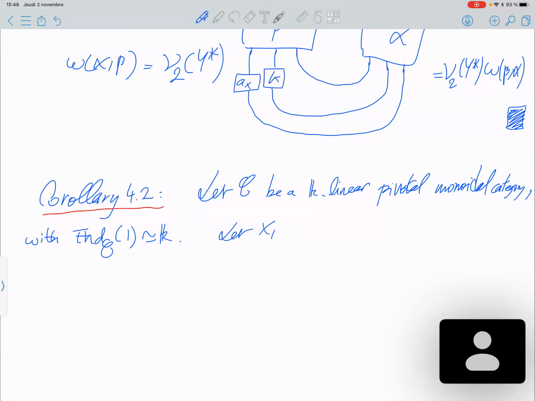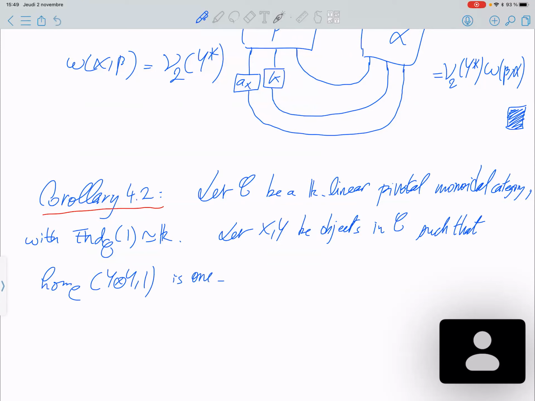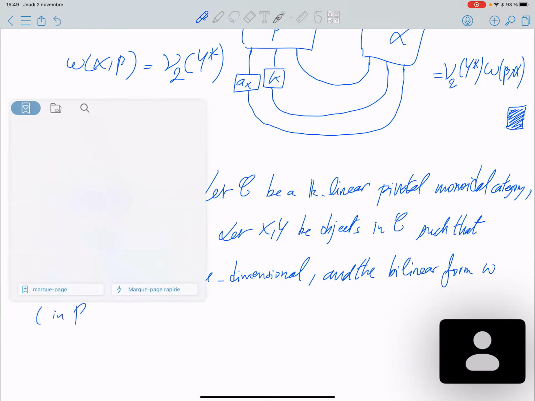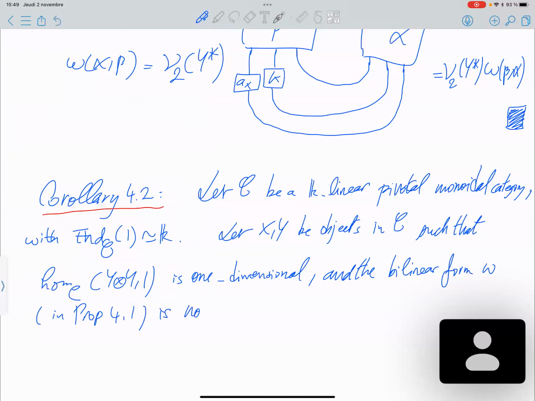So let X, Y be objects in the category C, such that the Hom space Y tensor Y star to 1 is one-dimensional, and the bilinear form omega in previous proposition is non-degenerate.